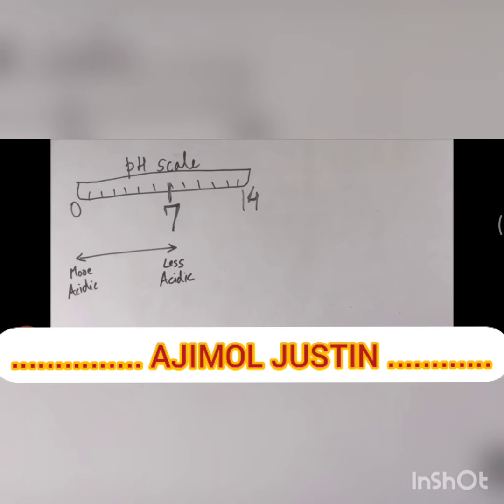And if the pH value of an acid is 1, that means it is more acidic. The same way, on the basic side, if the pH value of the base is nearby 7, that means it is less basic. And if the value of pH is nearby 14, that means it is more basic.